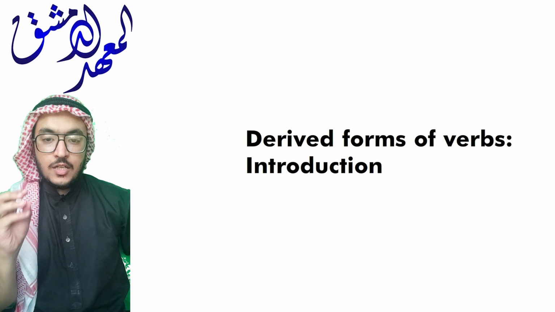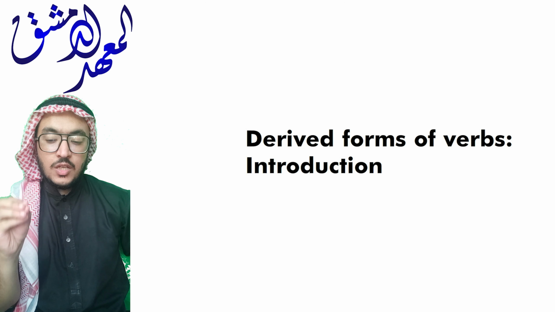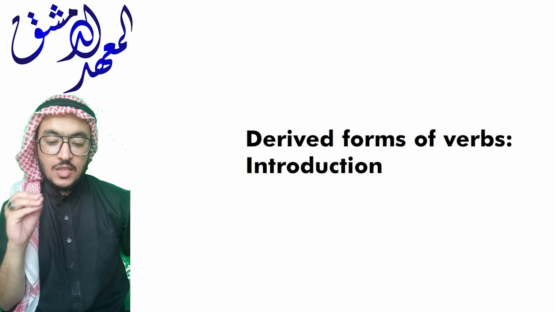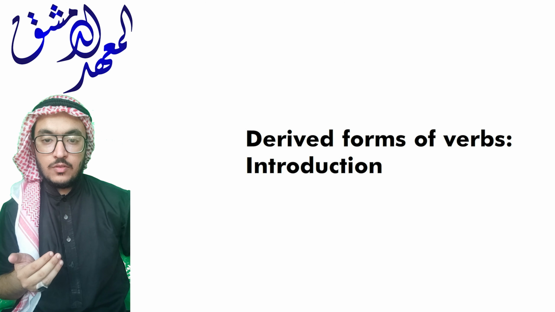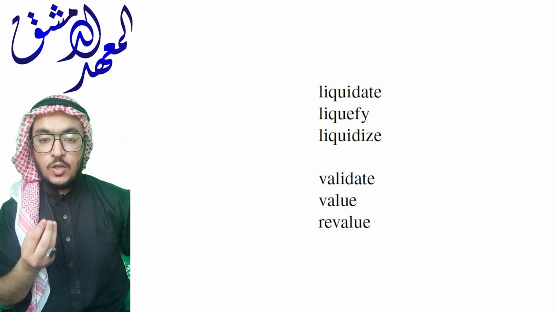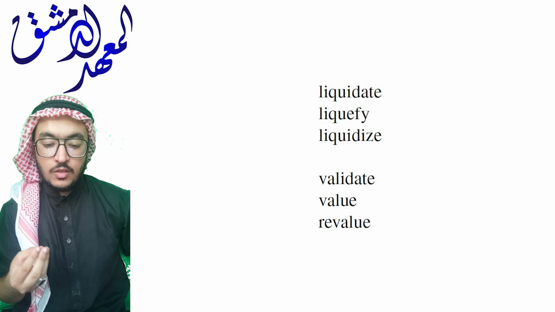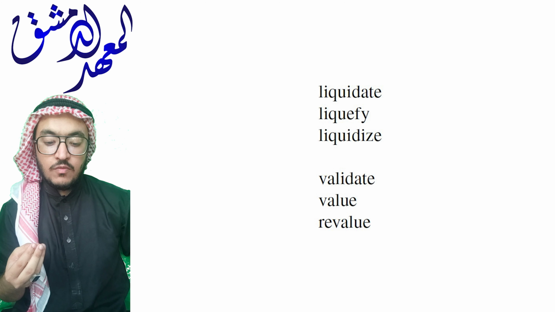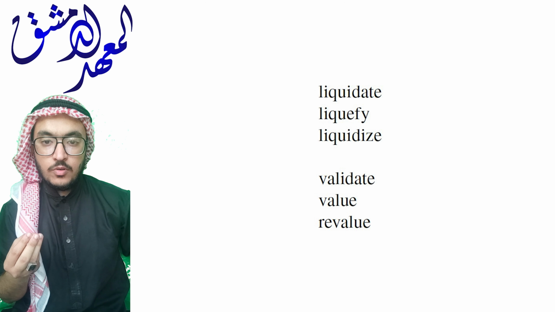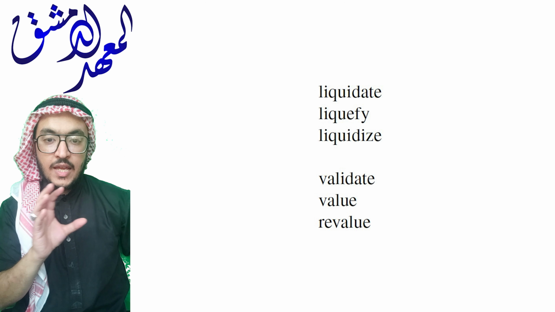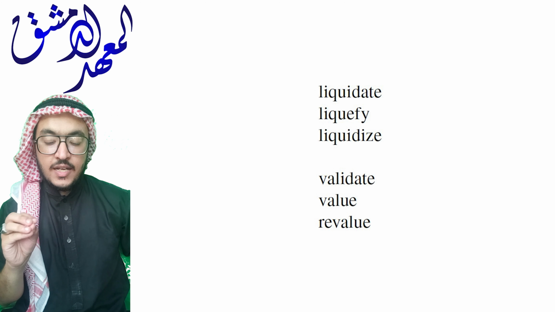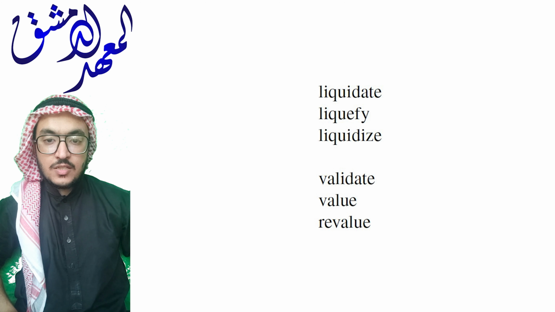If you look at the groups of the words in English, you can see they have different but connected meanings. Look at this: liquidate, liquefy, liquidize, validate, value, revalue. By adding different endings and prefixes, the meaning is slightly changed.